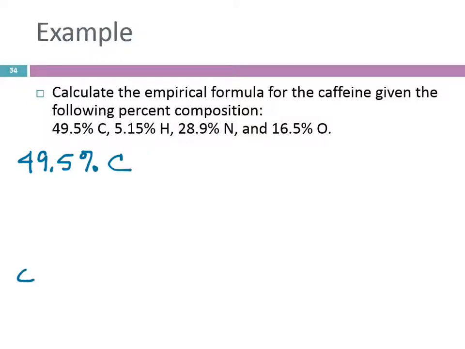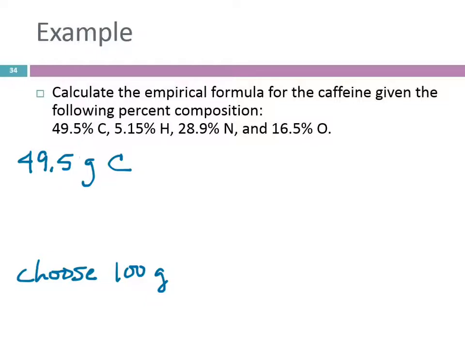We're going to choose 100 grams. Just choose 100 grams. What's 49.5% of 100 grams? 49.5 grams. There's a mass of carbon.